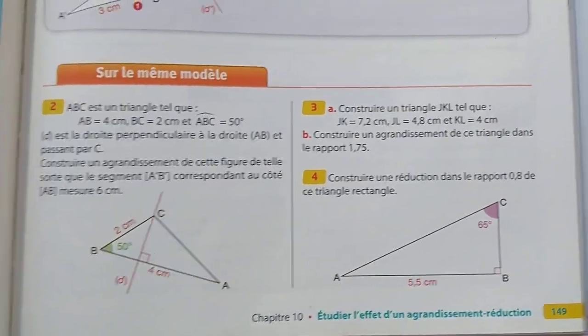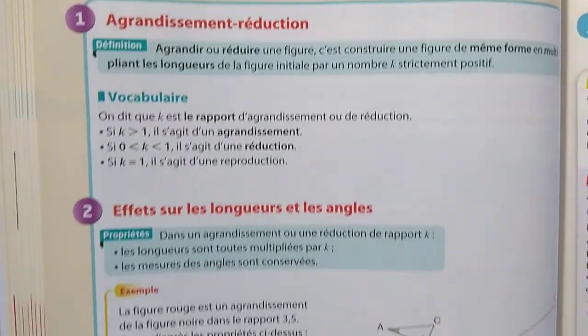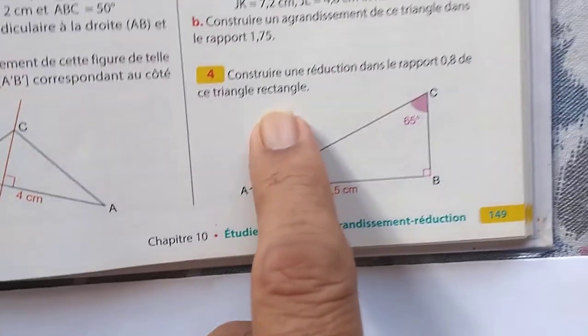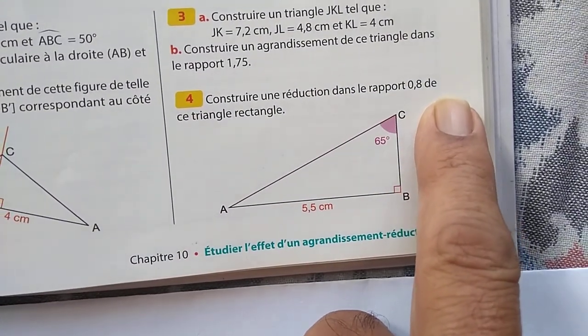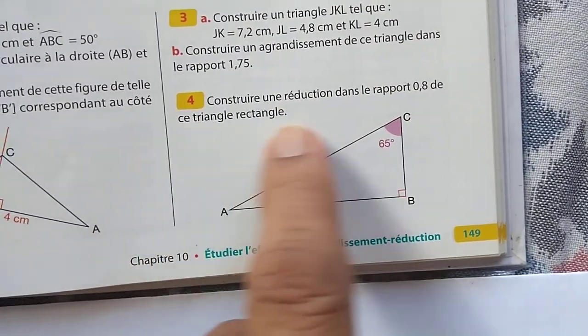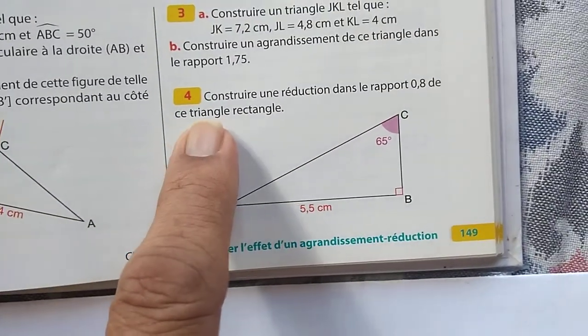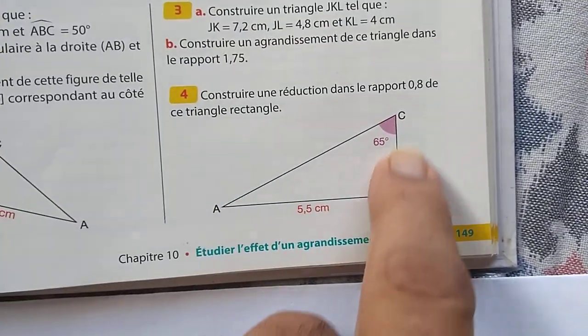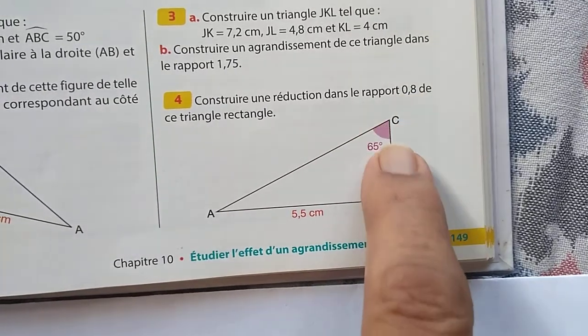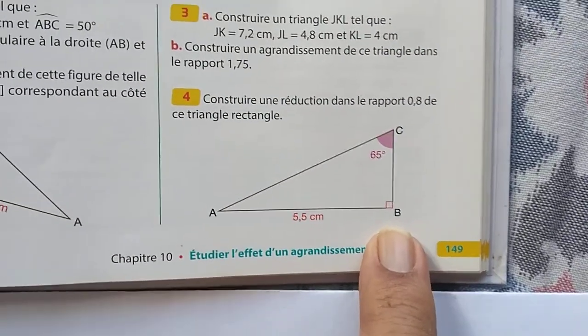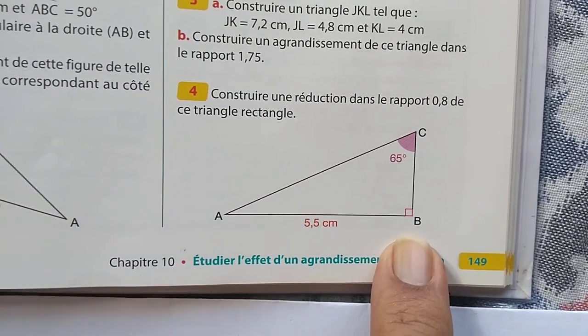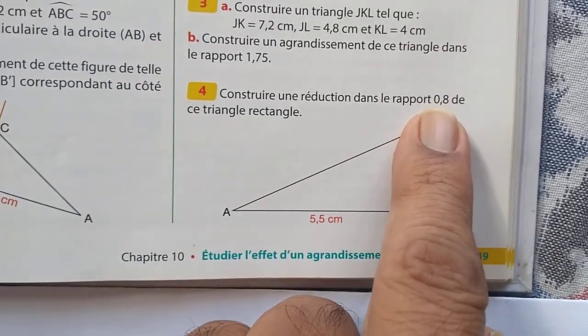Now very importantly, remember in this chapter they are not talking about centre d'homothétie. They simply say, construire une réduction dans le rapport 0,8 de ce triangle rectangle. So they say just take k égal à 0,8 and just draw this triangle, reduce the triangle by a factor of 0.8.